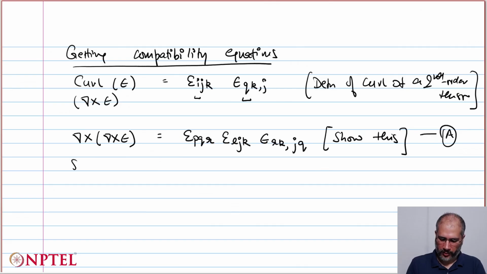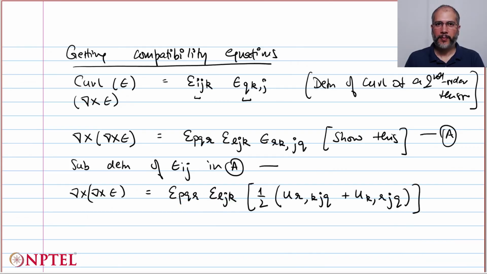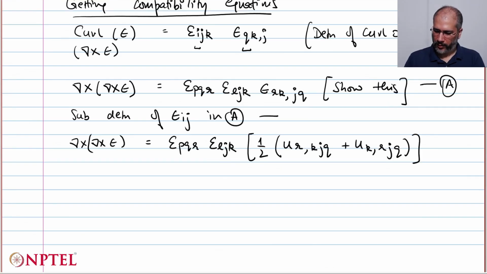And now I'll substitute the definition of the strain tensor in A. So that will give us the curl of strain as this. Now we'll open the brackets.